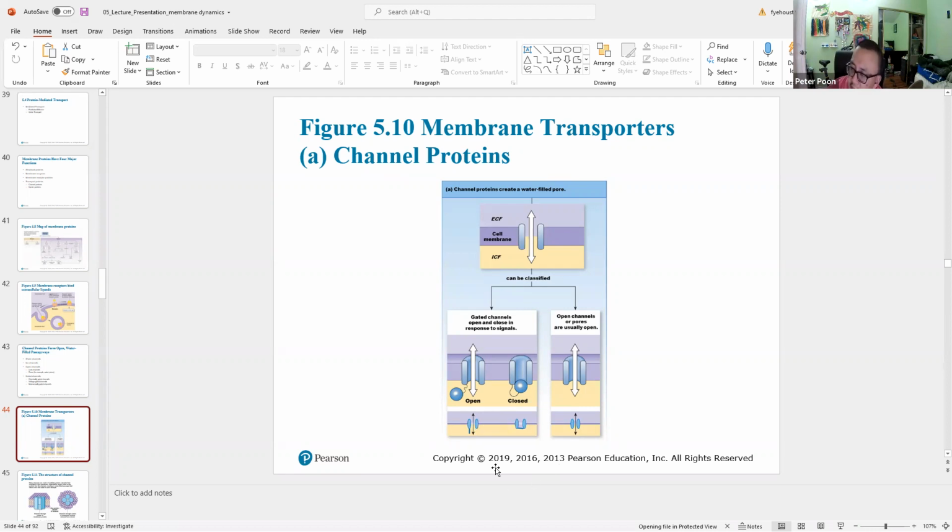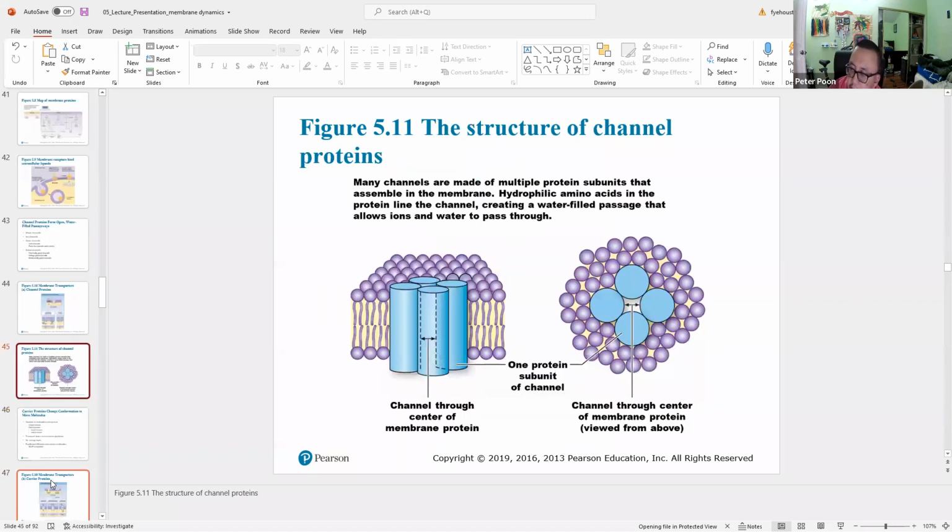In reality, the gate looks more like a ball and chain, and that ball just shoves into the hole and blocks something from happening. This is a more realistic drawing. This is just an easier to understand drawing. These are channels, so you can see there's a hole, like these four proteins leave a hole in the middle in between them where water or ions can come through.